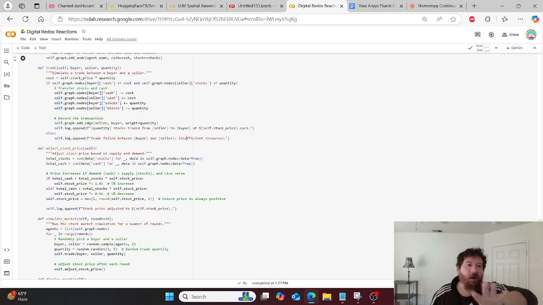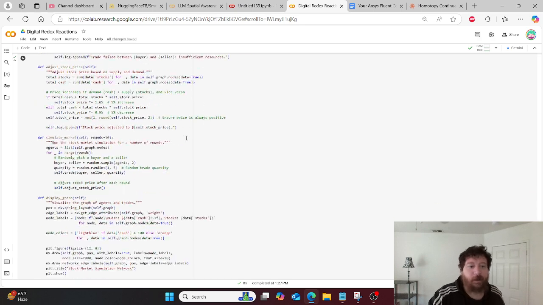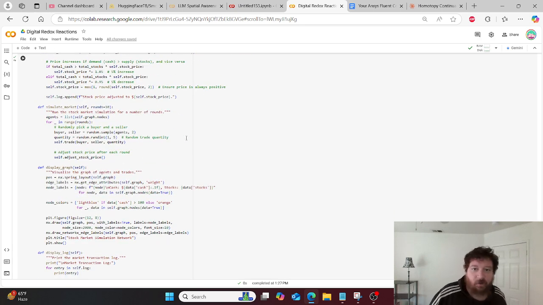All of the patterns of this redox reduction, we've created in a digital format, and now we're utilizing adjust stock price functions, simulate stock market, etc. All of these functions are utilizing those concepts of redox reactions and the patterns of it.